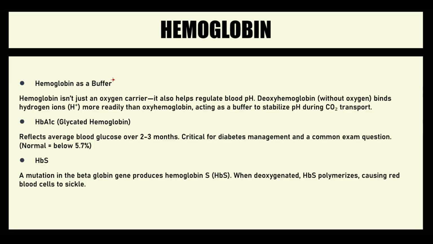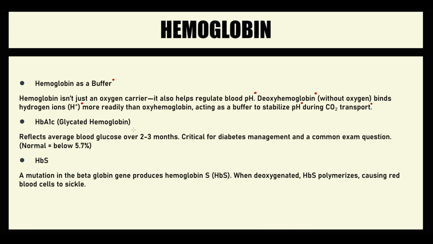Hemoglobin without oxygen can bind a few hydrogen ions, thereby neutralizing them. And the lower the concentration of hydrogen ions, the higher becomes the pH. So it can to some extent neutralize the acidity of the environment, which is important in case of acidosis.